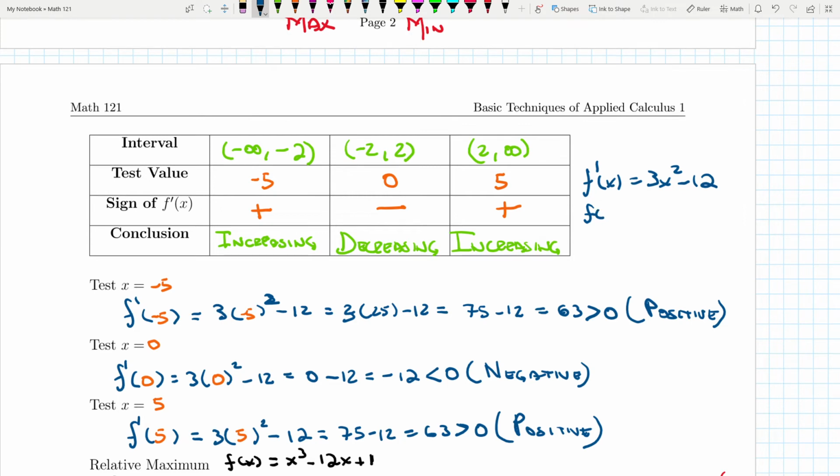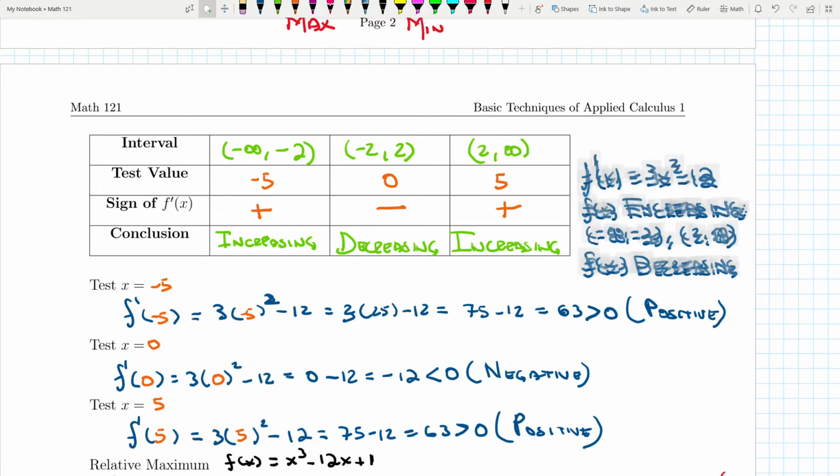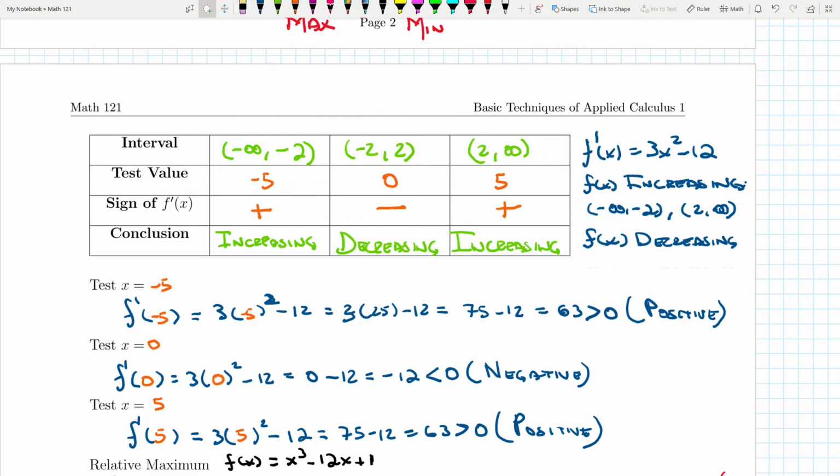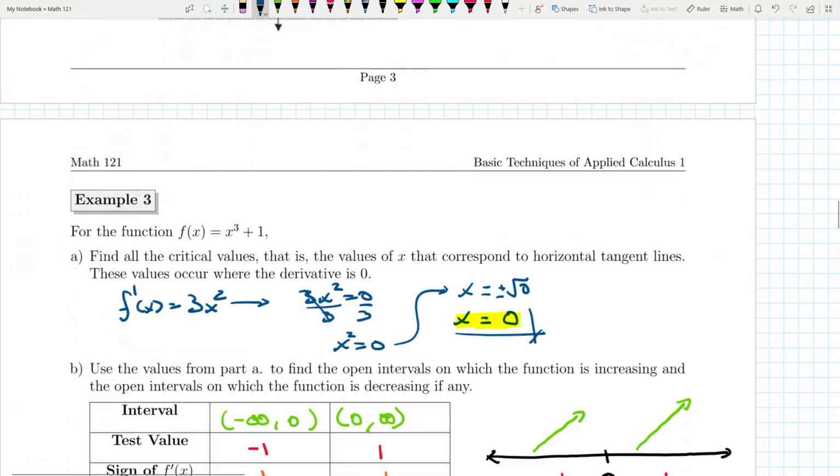Increasing on the following intervals: it's increasing on -infinity to -2, comma, 2 to infinity, and then f of x decreases, or is decreasing, on the other interval, that is on -2 to 2. So the point here is that we may need to list these intervals separated by commas.